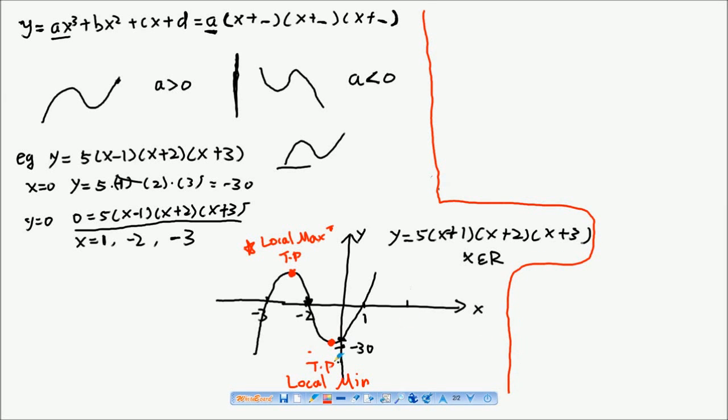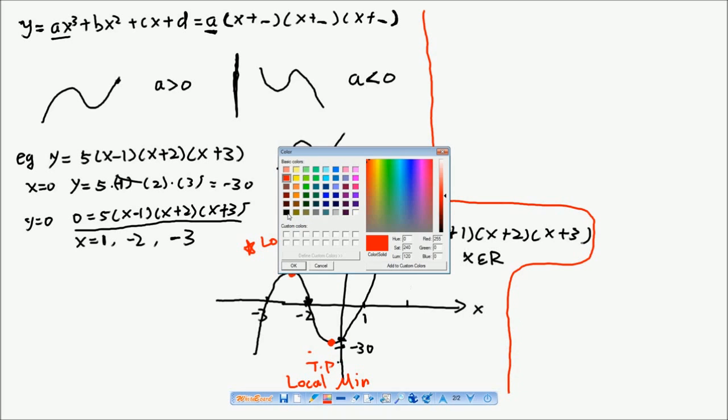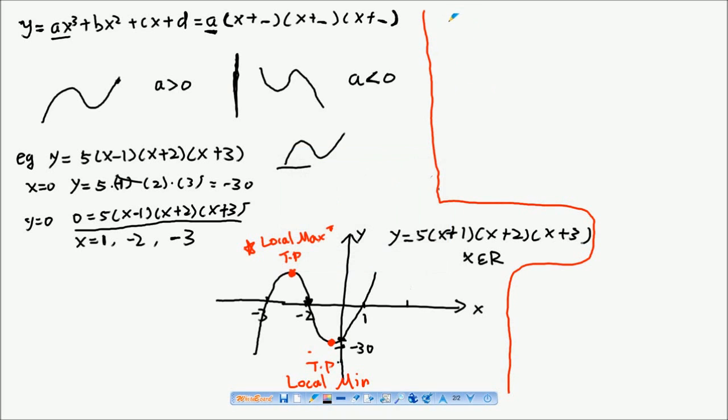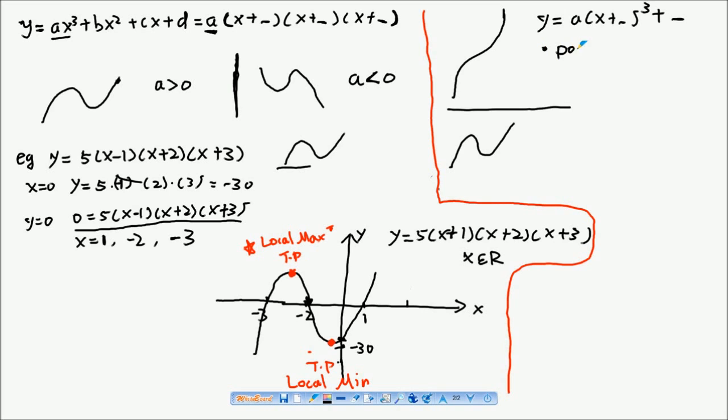Overall, you have to know the shape of a cubic function is either this shape or this shape. Okay, it is this shape when you have y equals to a bracket x plus a number, cubed, plus another number. You sketch this kind of graph by finding the point of inflection first.